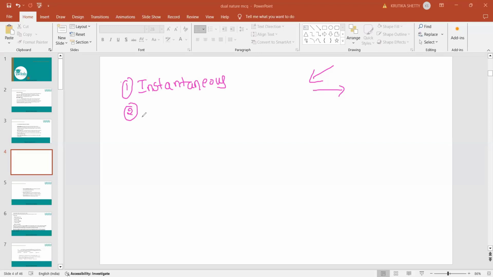Next, for a given material, photo emission takes place only above a certain minimum frequency of incident radiation. That minimum frequency required for the phenomenon is called the threshold frequency.